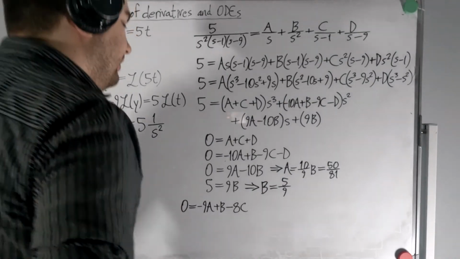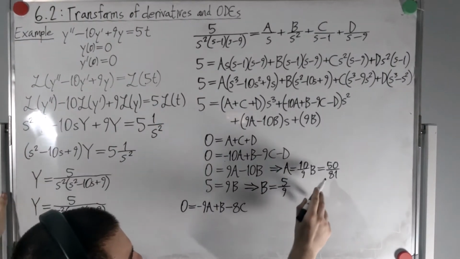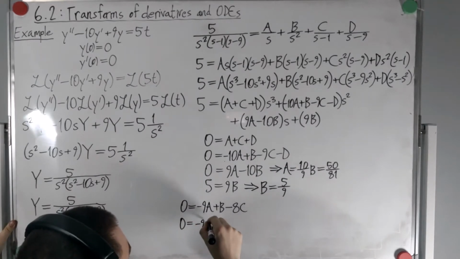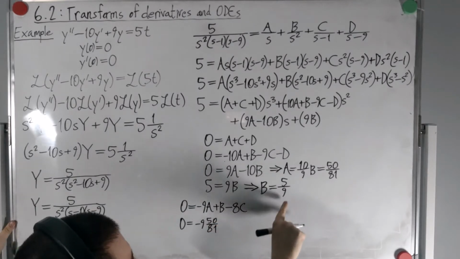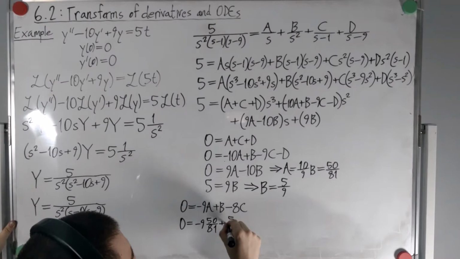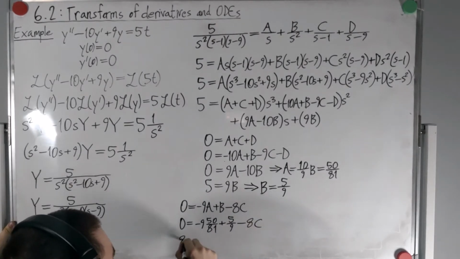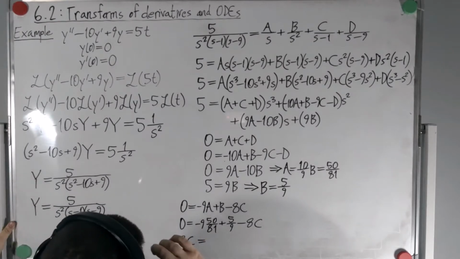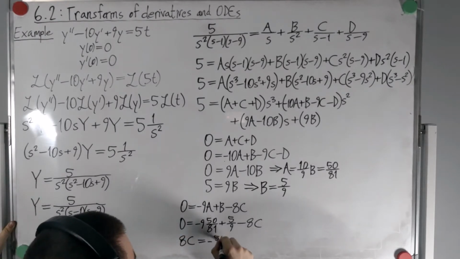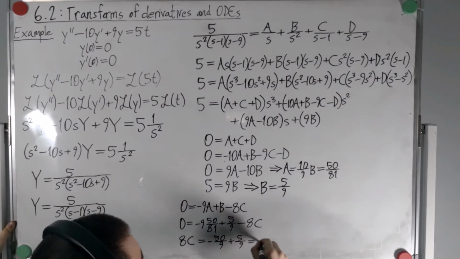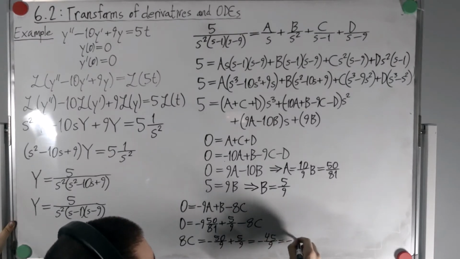We already know that A is 50 over 81, so 0 equals negative 9 times 50 over 81. B is 5/9, so this is plus 5 over 9 minus 8C. That makes it clear that 8C is going to be negative 50 over 9 plus 5 over 9, which is just negative 45 over 9, otherwise known as negative 7.